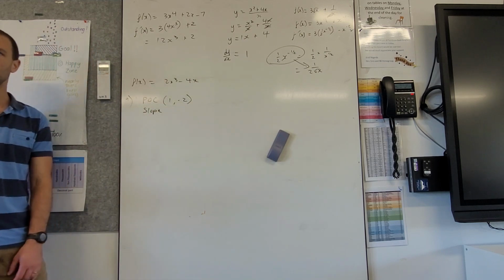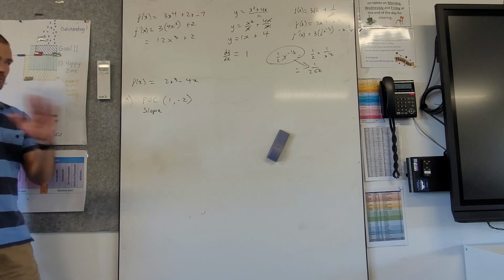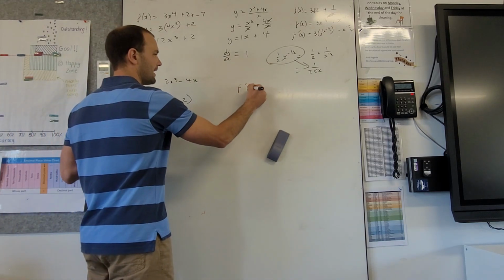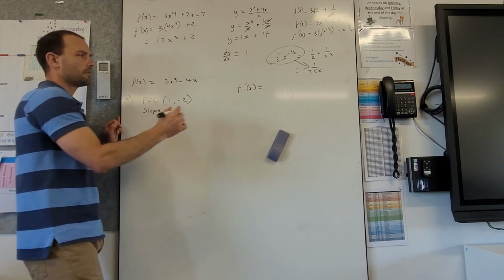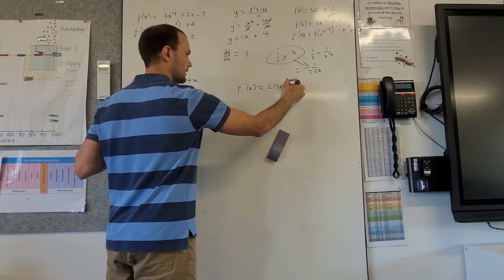Now for the slope, we need the derivative function, right? The derivative function tells you the slope for any value of x. So f dash of x, the derivative function, all right, the 2 is just going to hang out. The derivative of x to the 3 is 3x squared.